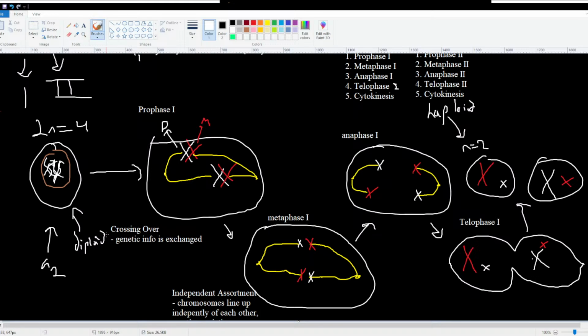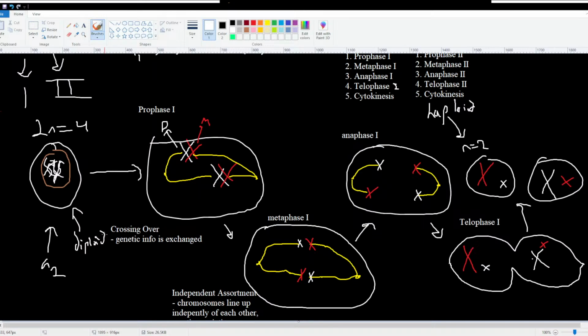So once they're separated, now it's n equals 2. There are no more homologous chromosomes. Because then you have 2n equals 4. Well, 2n equals 4 tells us that there are two pairs of homologous chromosomes, right? So two pairs of 2, that's 4. But n equals 2 just tells us there are 2 chromosomes. There are no pairs. That's what that's telling us. So that's the difference between diploid and haploid.